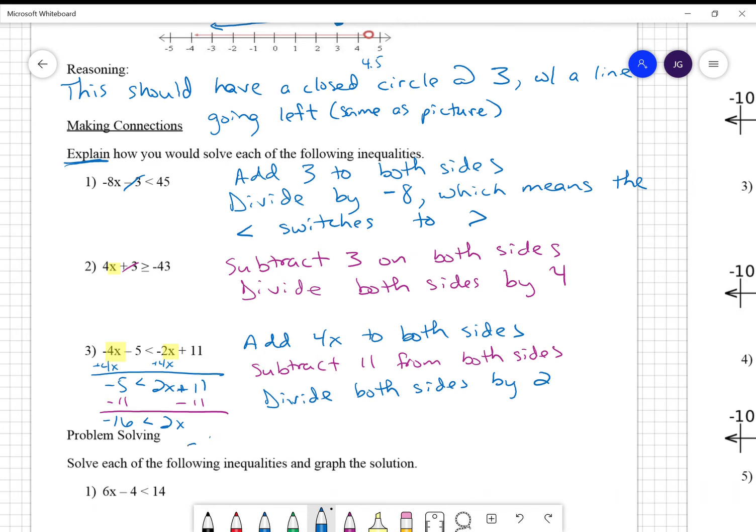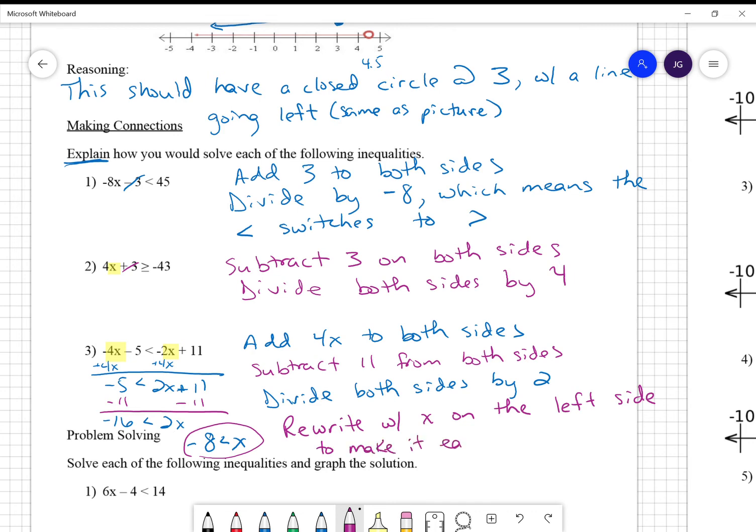So now I get -8 is less than x. If you can graph with the x being on the right-hand side, you don't have to do any more work. If this is hard for you to graph, you want to rewrite with x on the left to make it easier to graph.